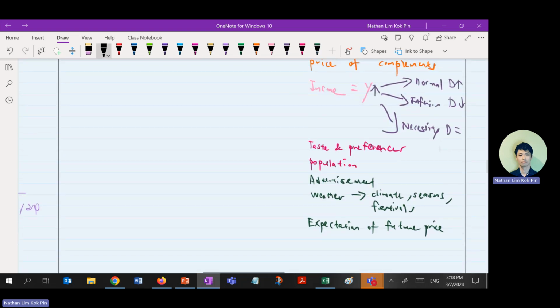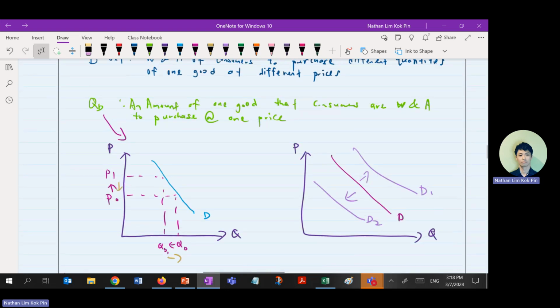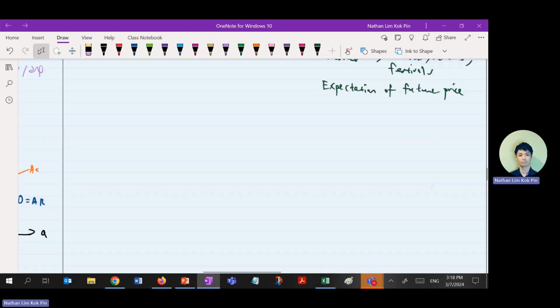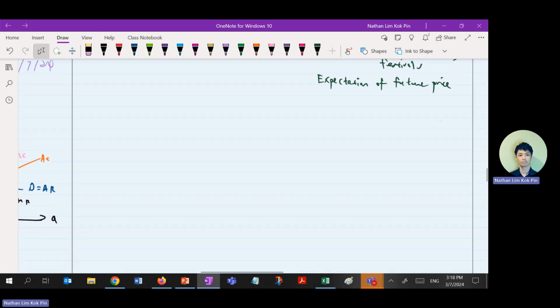Okay, next one. After we cover the quantity demanded and demand, we cover the utils or utility. There are two approaches. One is ordinal, another one is cardinal.